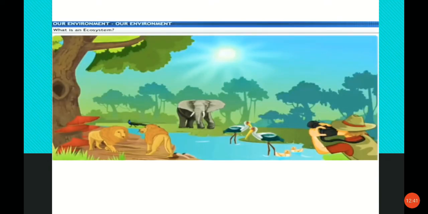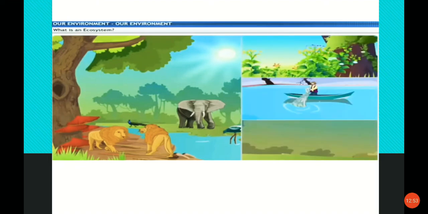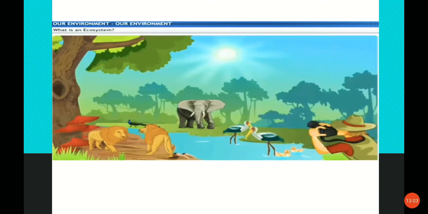The environment comprises the air you breathe, the water that covers the surface, the animals and the plants around you, and much more. The environment is made up of various ecosystems like gardens, lakes, forests, etc.